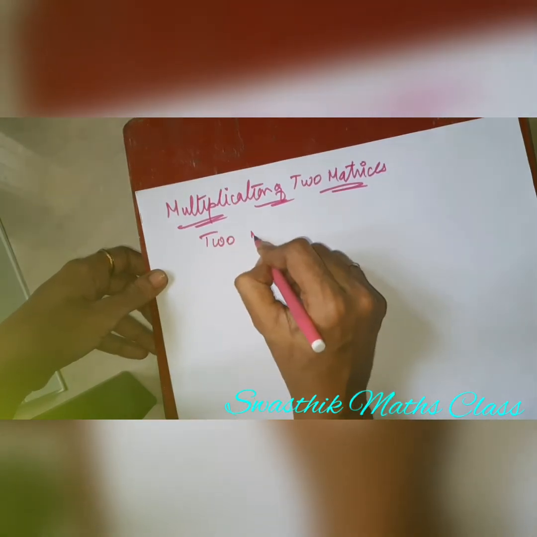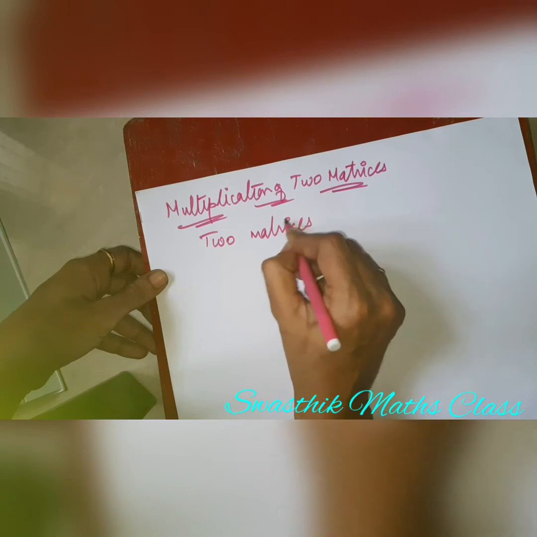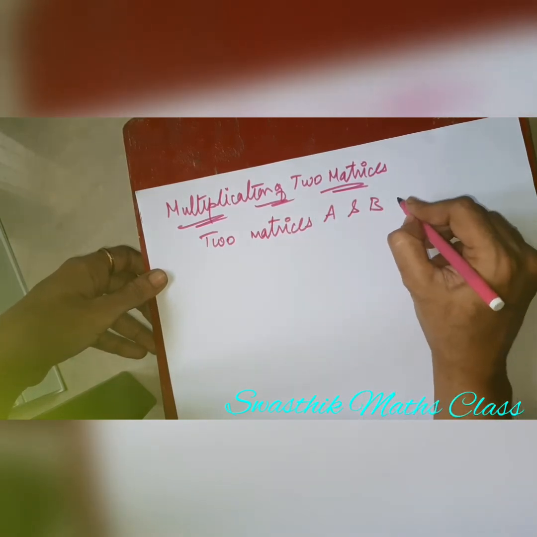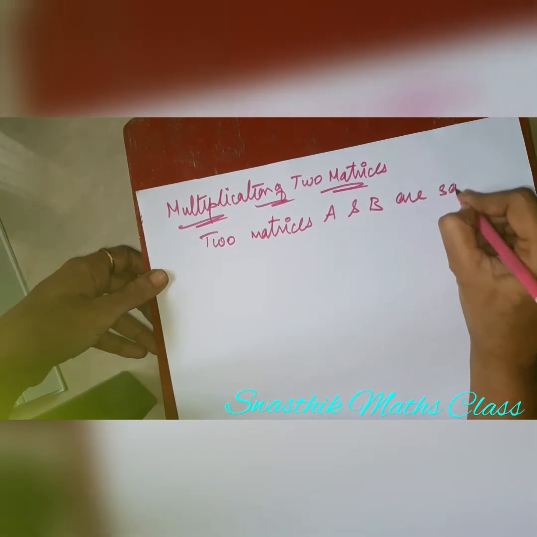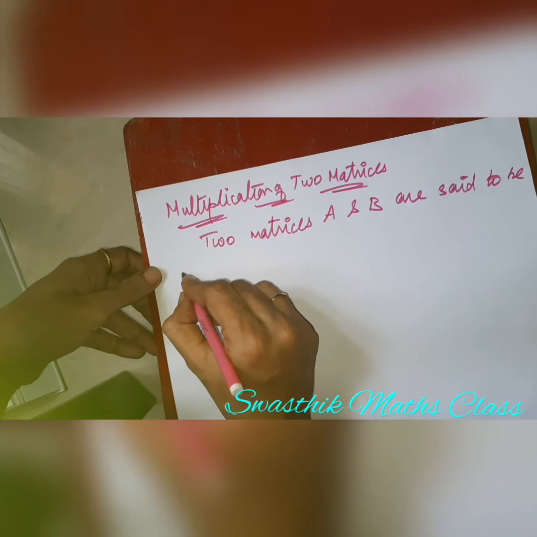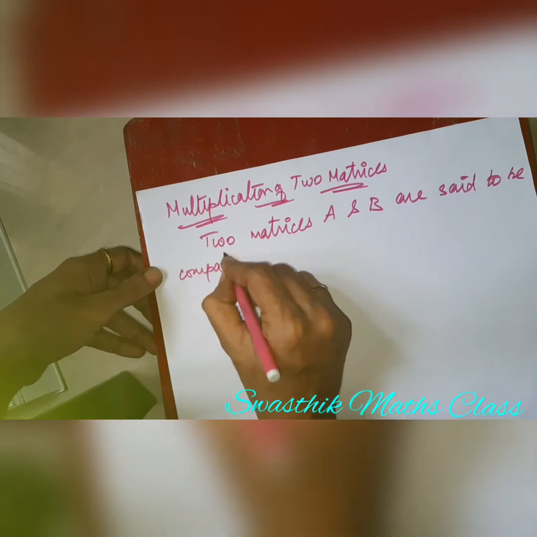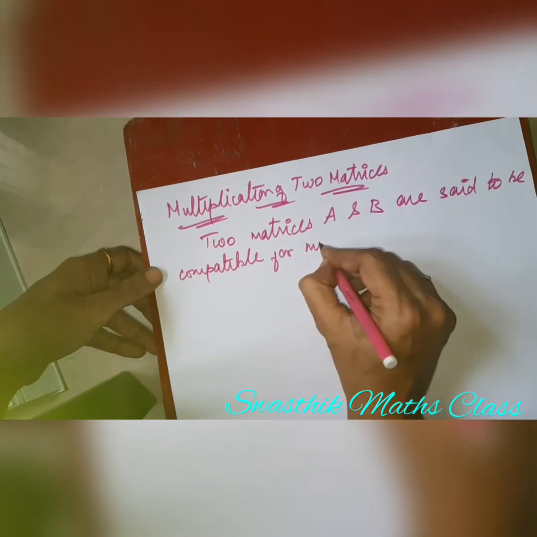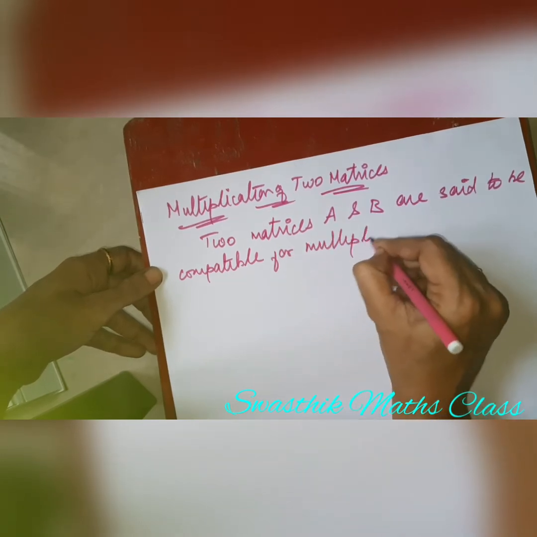Two matrices A and B are said to be compatible for multiplication.